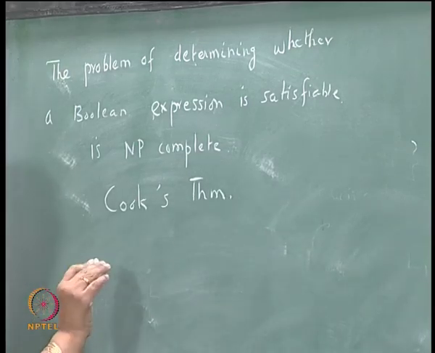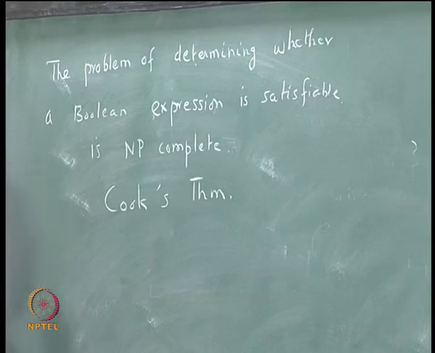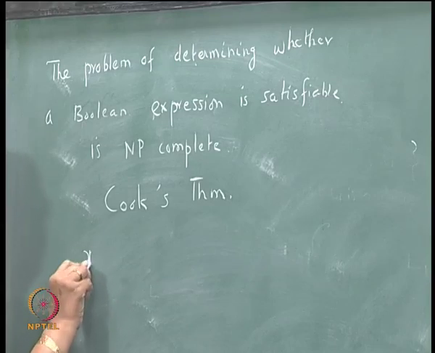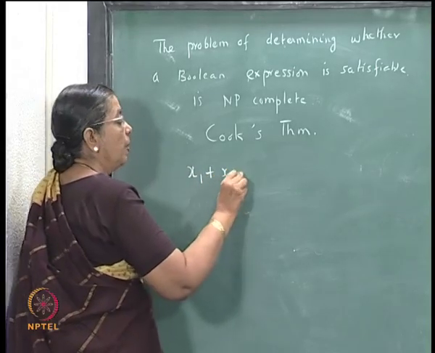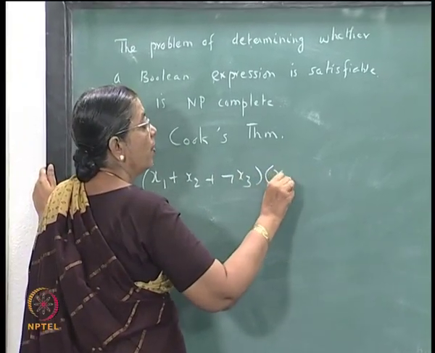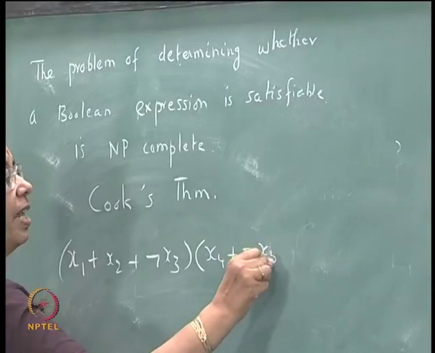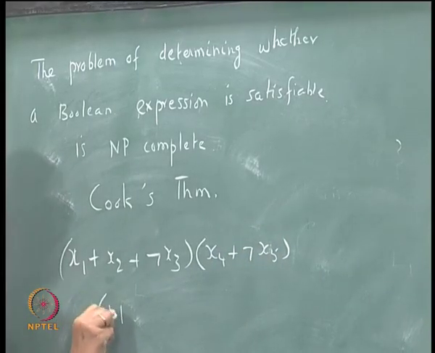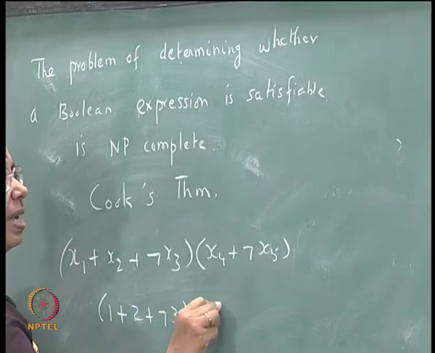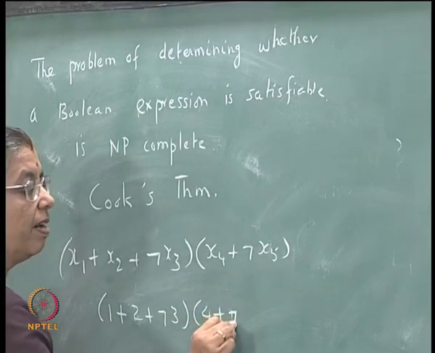Now, in order to show that Boolean satisfiability is NP complete, first of all let us consider the representation of it. How do you represent a Boolean expression? As I told you, you can use something like (x1 + x2 + not x3)(x4 + not x5), written as (1 + 2 + not 3)(4 + not 5).